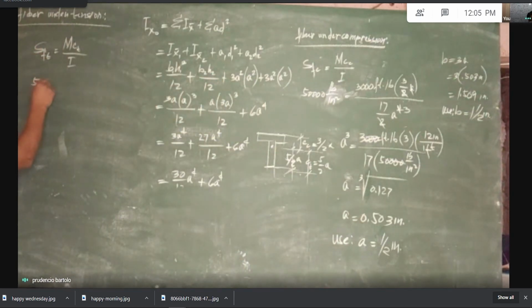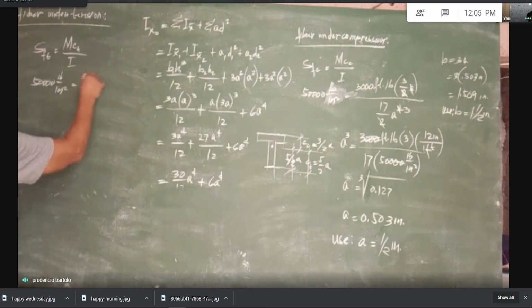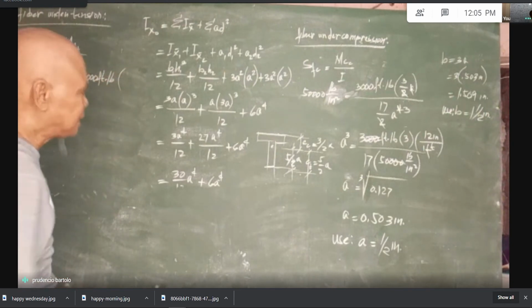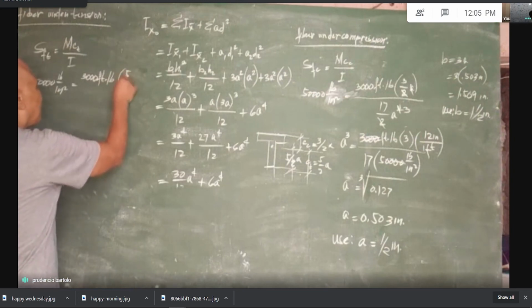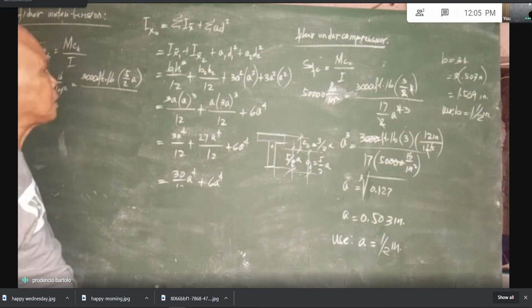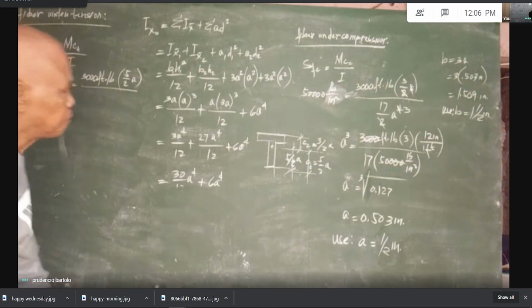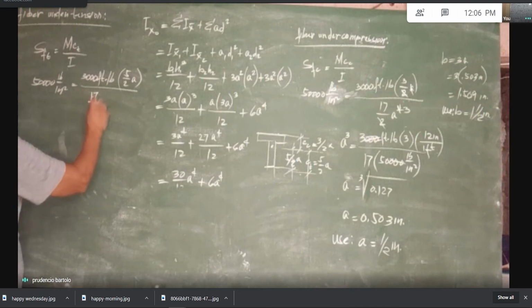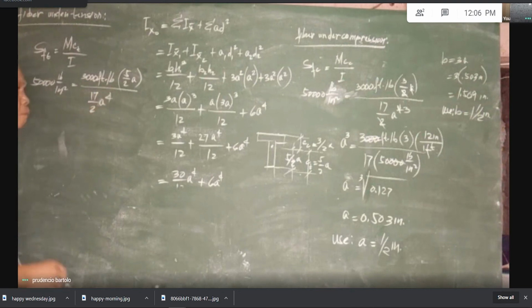That is now 50,000 pounds per inch squared, equal to the maximum moment of 3,000 foot-pounds multiplied by C under tension, that is 5 over 2 of A, over the moment of inertia. Moment of inertia is 17 over 2A to the 4.